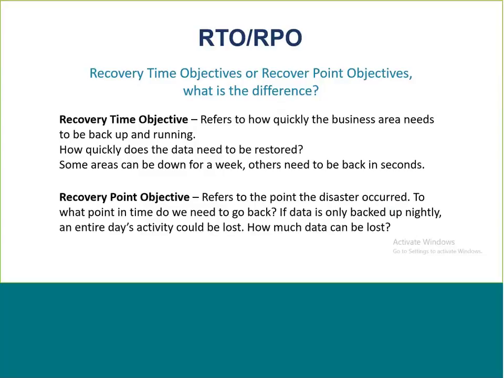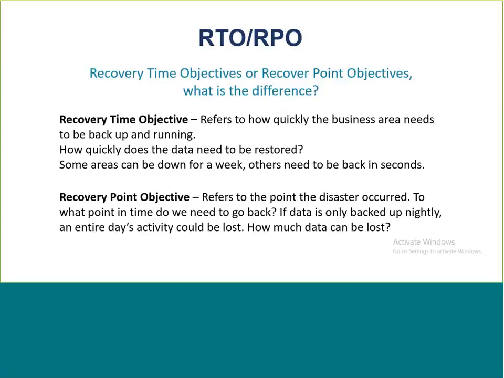Recovery point objective, on the other hand, refers to the point the disaster occurred. So this is the one that I find most people overlook. When they're putting together their plan, they do seem to consider recovery time objective, but not usually the recovery point objective, and it can make a big difference. So that refers to the point the disaster occurred.